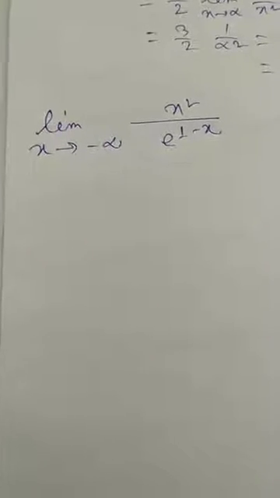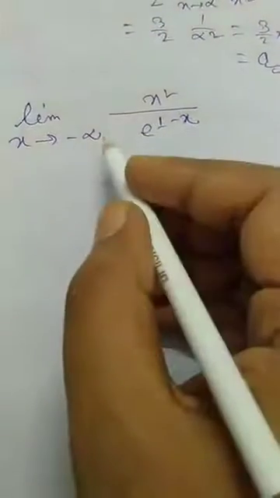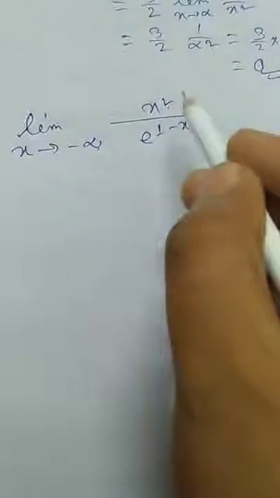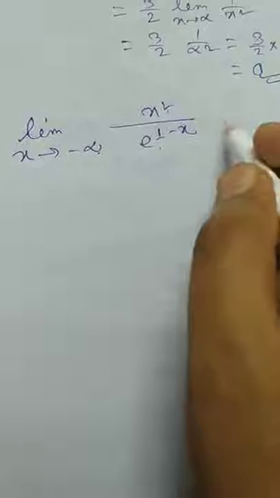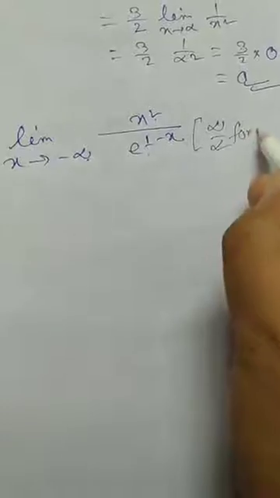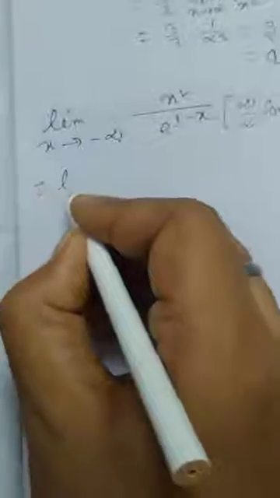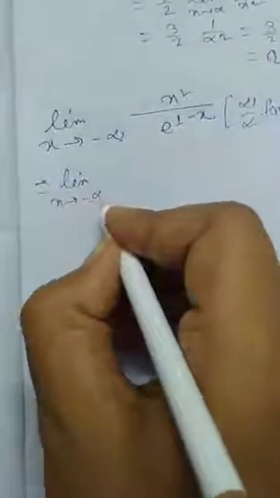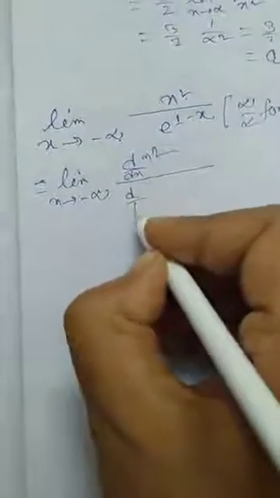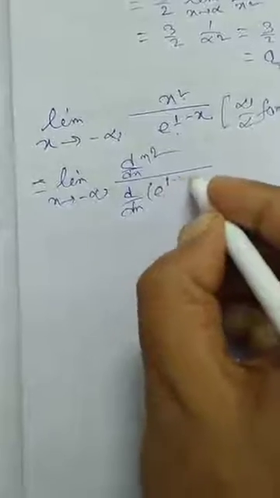Next problem is limit x tends to minus infinity x square by e to the power 1 minus x. If we put x is equal to minus infinity, this is infinity and this is also infinity. So this is infinity by infinity form. So we use L'Hospital rule and we get limit x tends to minus infinity derivative of x square and derivative of e to the power 1 minus x.